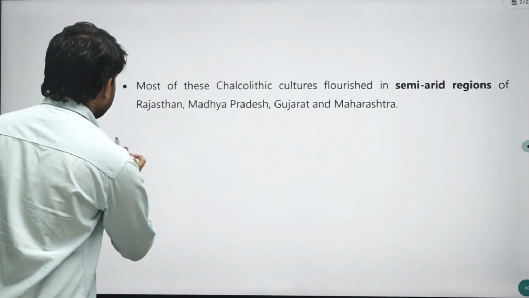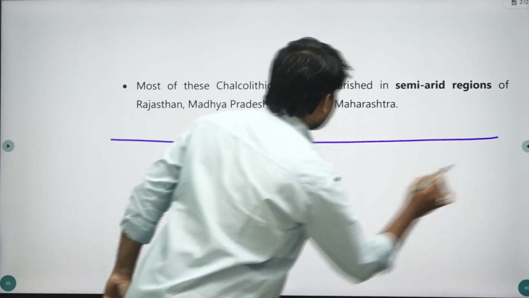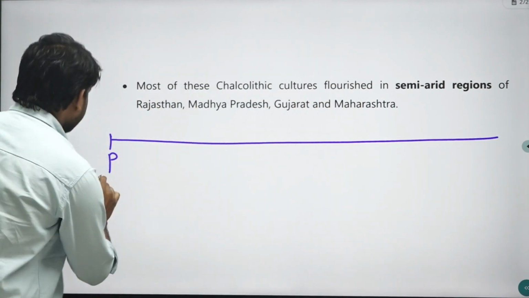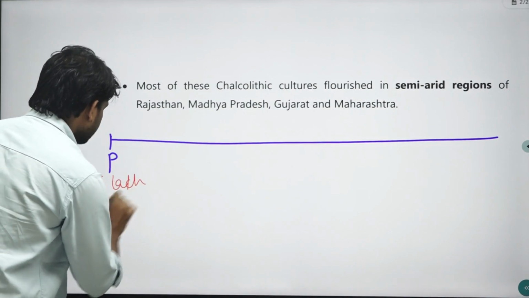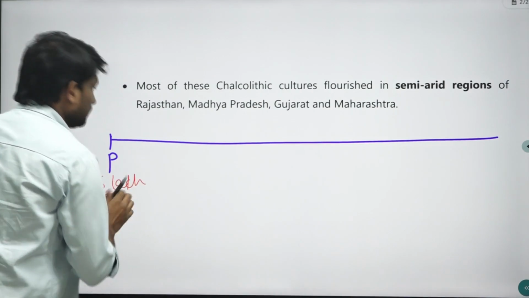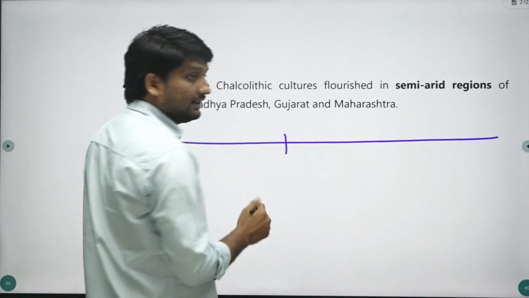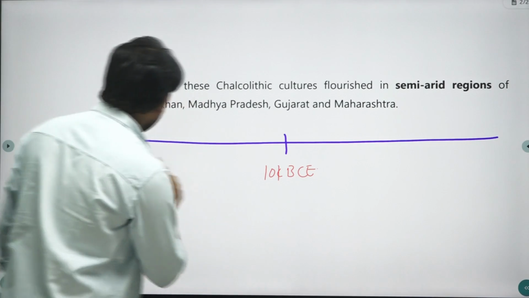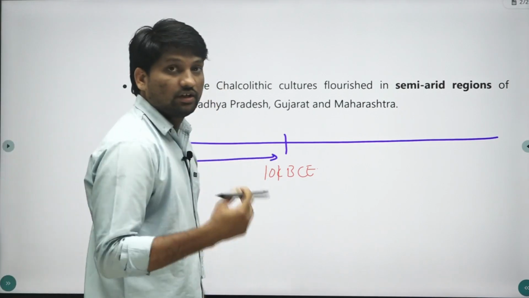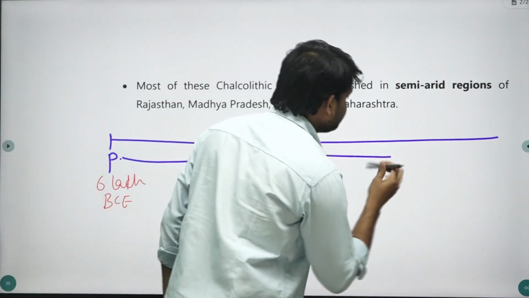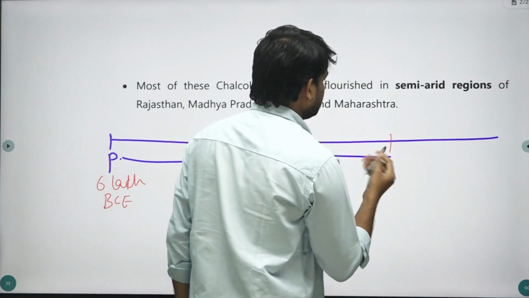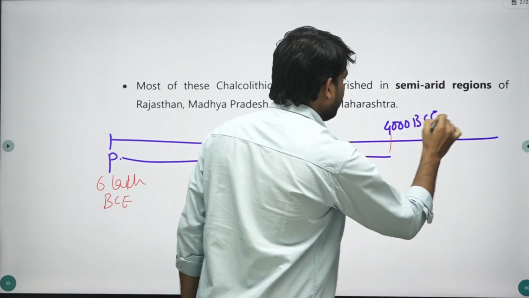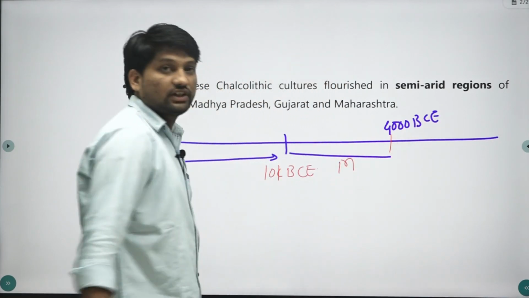If you see this basic timeline, from Paleolithic, from 6 lakh years ago or 6 lakh years BCE to 10,000 BC, we have the Paleolithic phase. From 10,000 BCE to 4,000 BC, we have the Mesolithic culture.